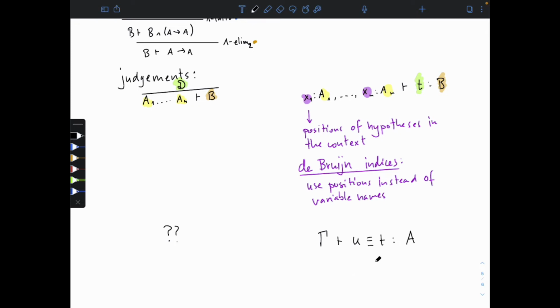Well, that would be equality of terms, so that would be equality of proofs. But logic books don't discuss equality of proofs. It's a blind spot. It just doesn't happen.